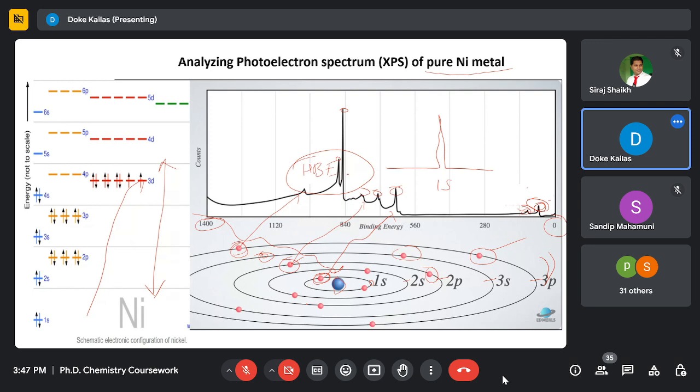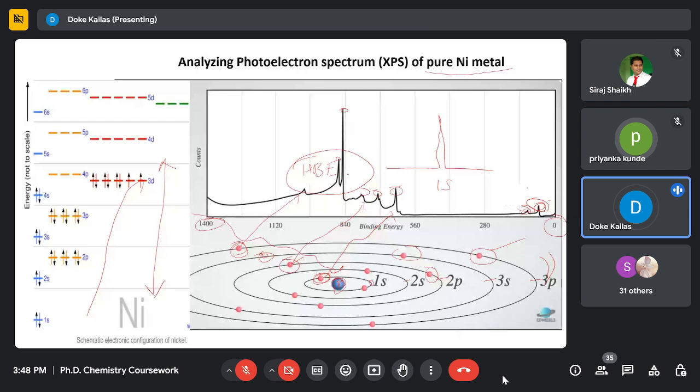So why does it have more binding energy? Because core electrons are very close to the nucleus. The nucleus consists of protons, which are positively charged, and electrons are negatively charged. So the core shell electron is very close to the protons, and there is a strong attraction between them compared to the next shell electron and the next orbital electron.